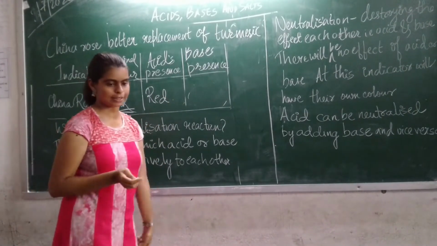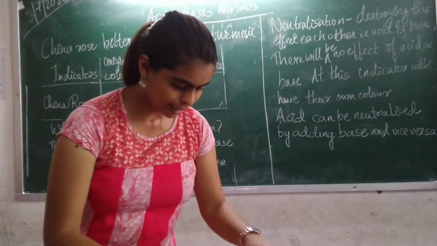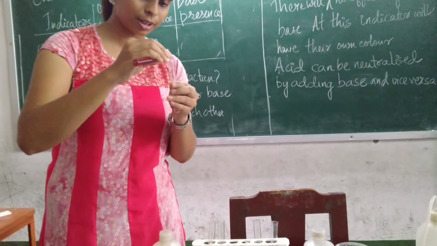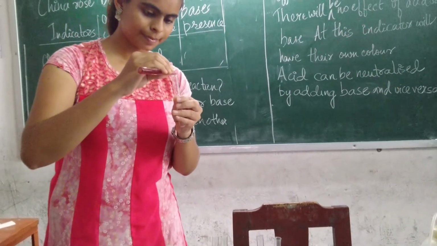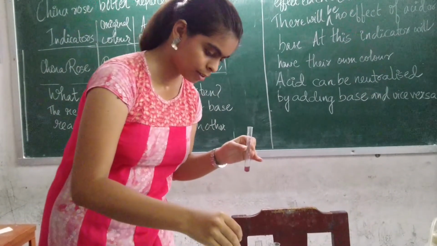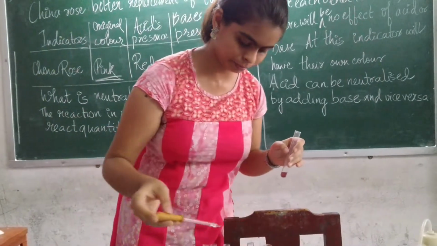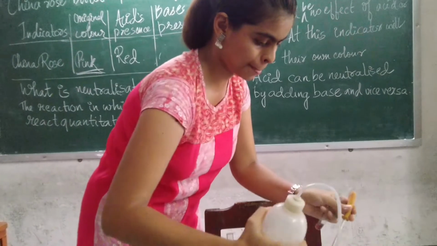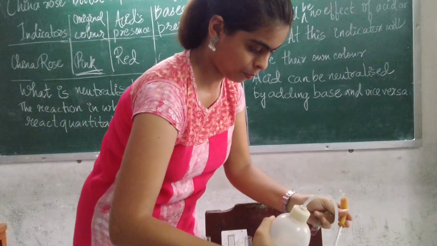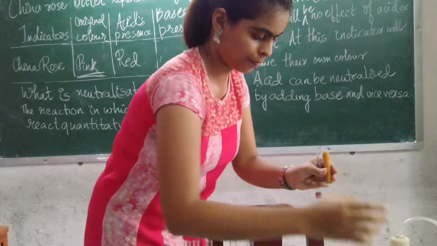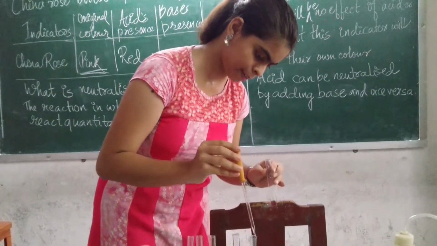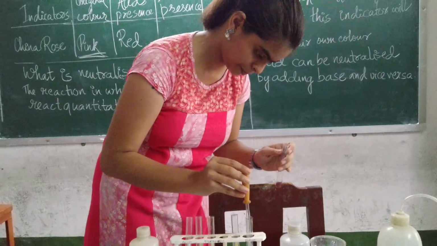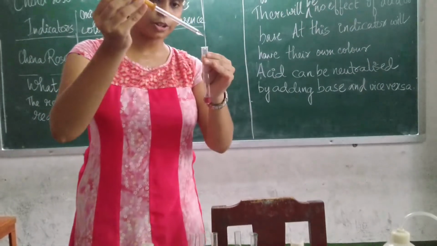Now let's come to the base. Again I am adding a small amount of indicator in this. This is base. So let's see what happens. 1 drop of base.